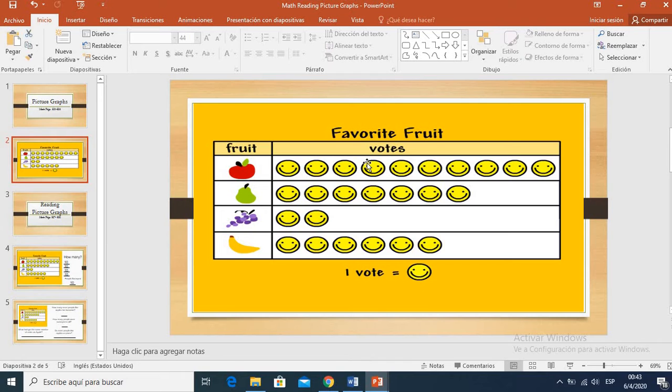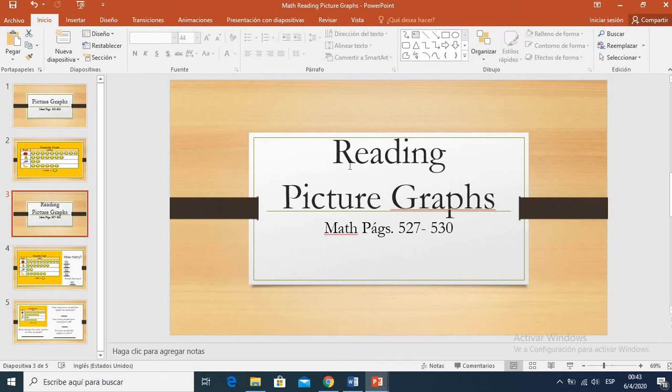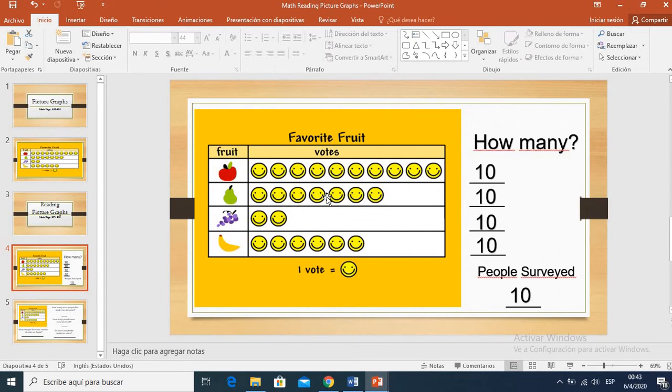Now, a picture graph is also used to find some information about people. I mean, we don't just draw the pictures and count the votes. That's not the only function of a picture graph. Something important is about reading the picture graphs, and today we are going to learn about this.